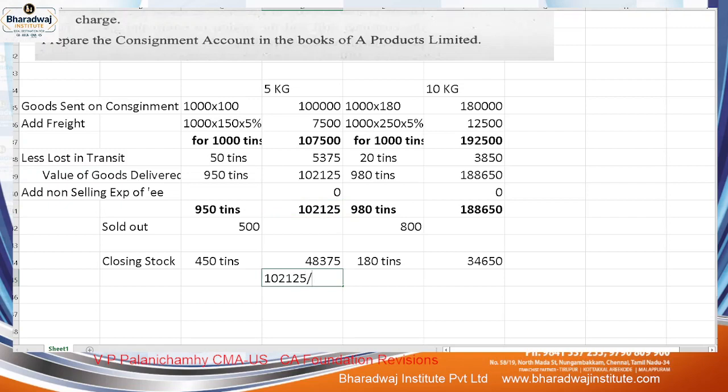If it is for 950, what is for 450? The other one, 188650. If this is for 980, what is for 180?